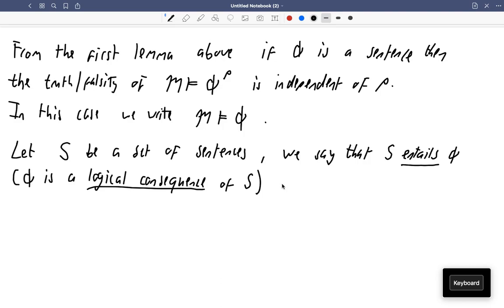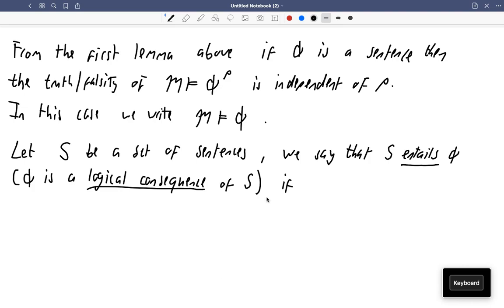So, this is going to be like in propositional logic. A formula phi was a logical consequence of some other formulas if phi was true for any assignment of truth values to the propositional atoms that made the formulas it was to follow from true. So now we're not just assigning truth values to propositional atoms.